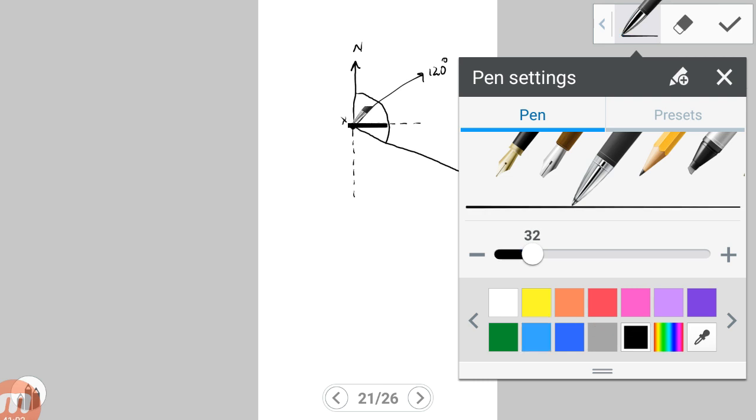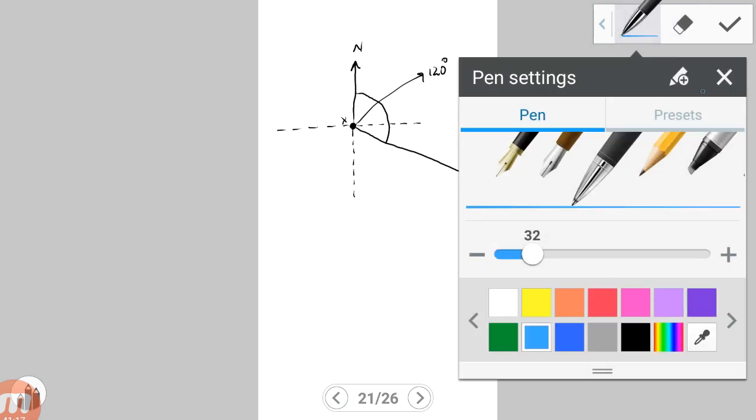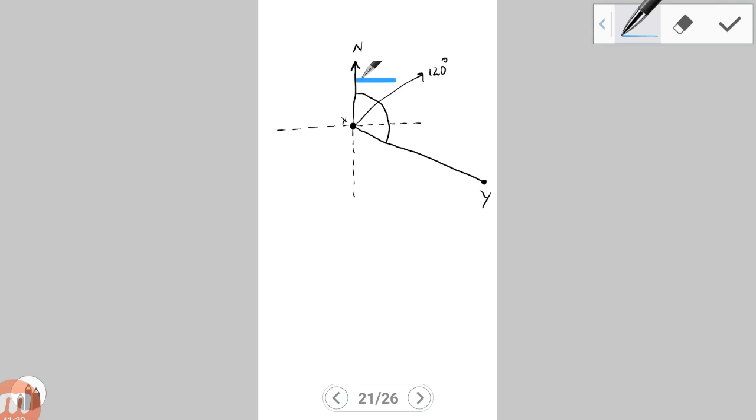So we can insert here another guideline. That's going to be our 270 degrees. And we can come all the way around here from north. Let's do this with a different color ink, to make sure that we separate both bearings.